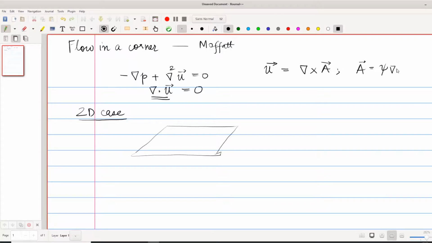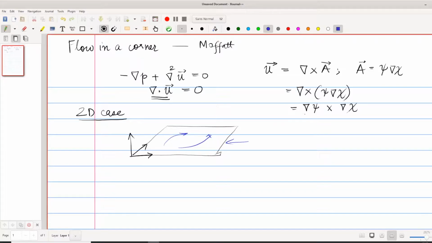psi grad phi. So, what is curl of psi grad phi? It will be equal to grad psi cross grad phi. If you want to confine the flow onto this particular plane, the velocity field we know exists in this plane.